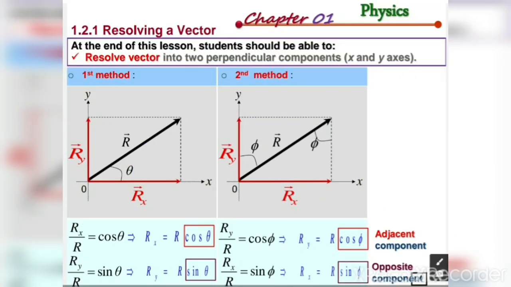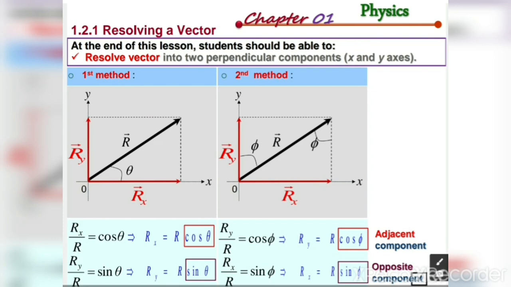For the second method, the angle is from the y component. So this is your vector R on the y component and this is the vector R on the x component. By referring to this figure, this value is also the same as Rx.